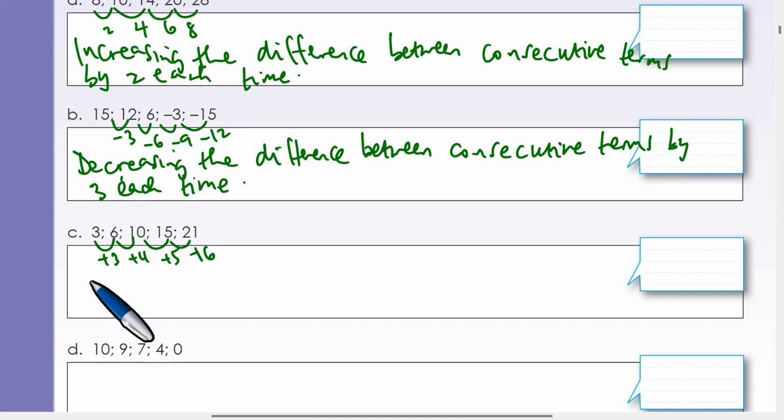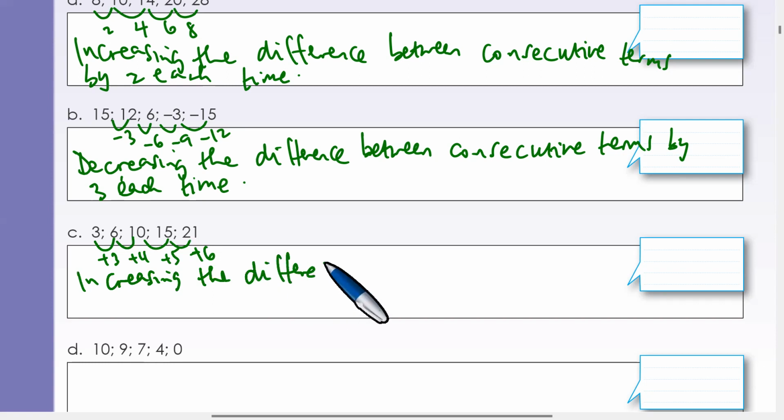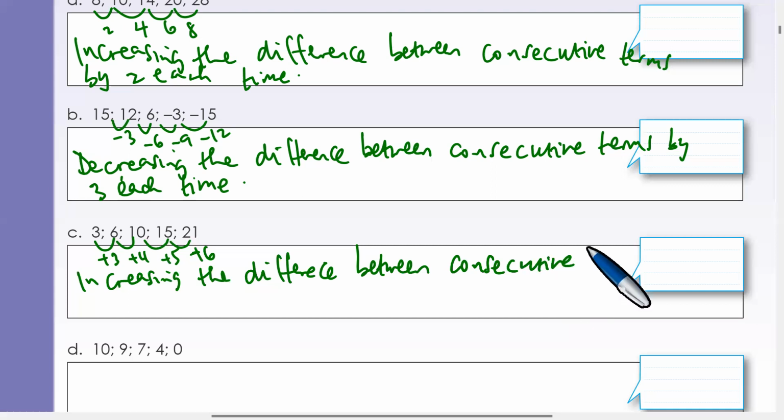So we're increasing, because the 6 is bigger than the 3, so it is increasing the difference between consecutive terms by 1 each time.